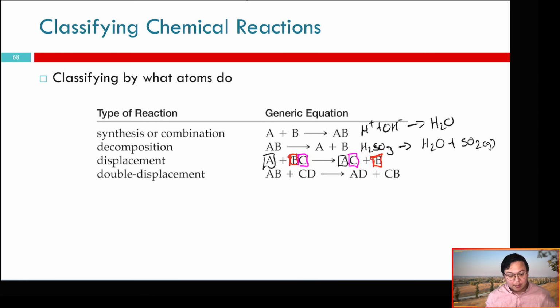So in this example, A and C, or B and D really, have traded places, so that we end up with A and D, and we've also combined B with C. Well, that's hard to see. What do I not have? Green.